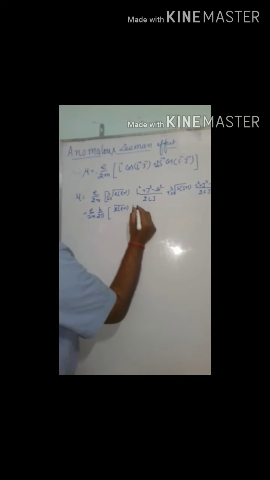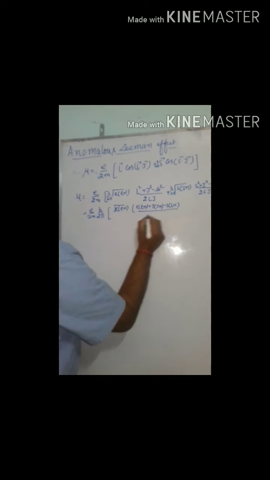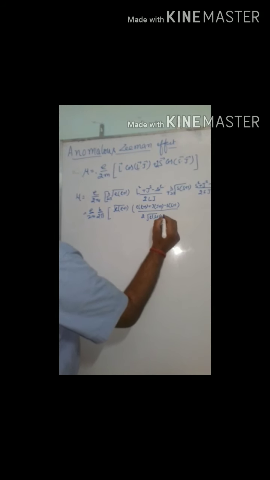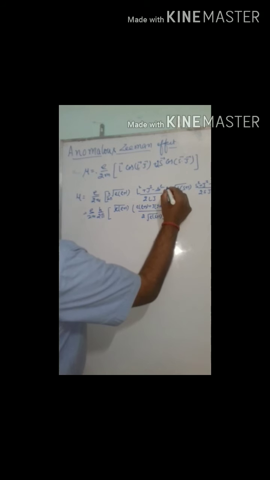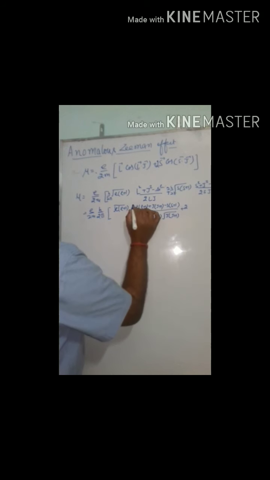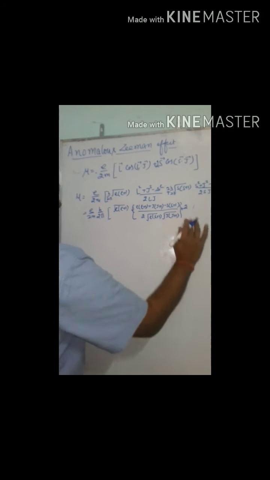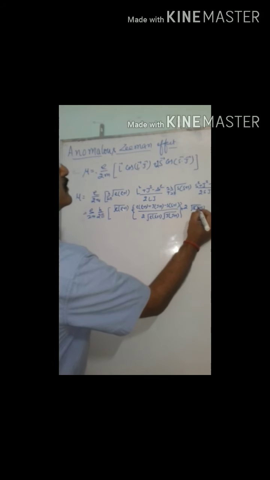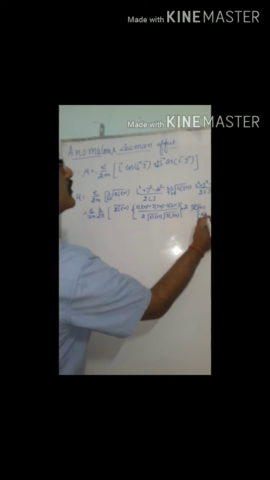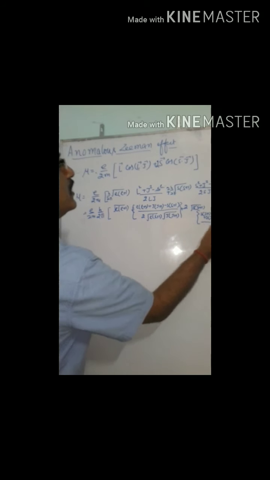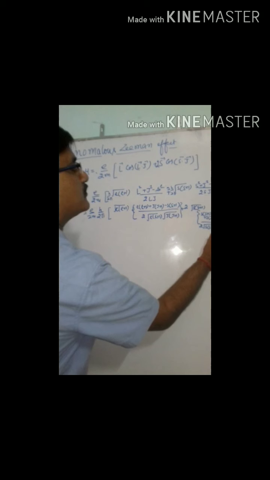If I solve it, L square is L into L plus 1 plus J into J plus 1 minus S into S plus 1, upon 2 times the square root of L into L plus 1 into the square root of J into J plus 1, plus 2 times S, the square root of S into S plus 1, into S into S plus 1 plus J into J plus 1 minus L into L plus 1, upon 2 times the square root of S into S plus 1 into J into J plus 1, right?